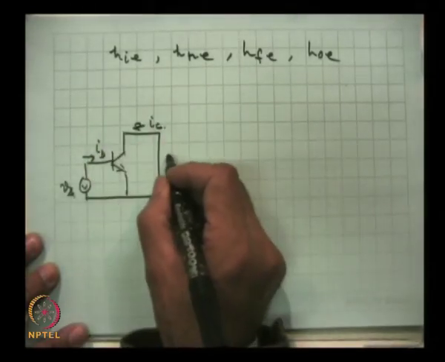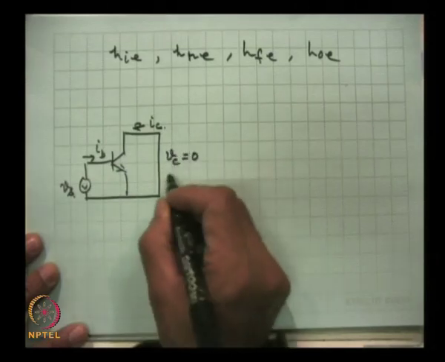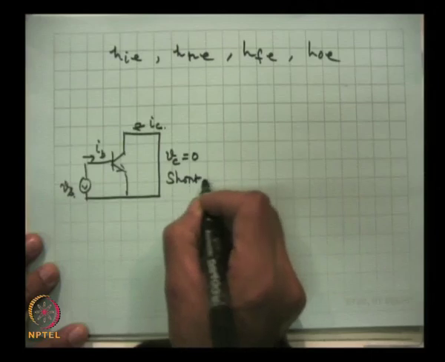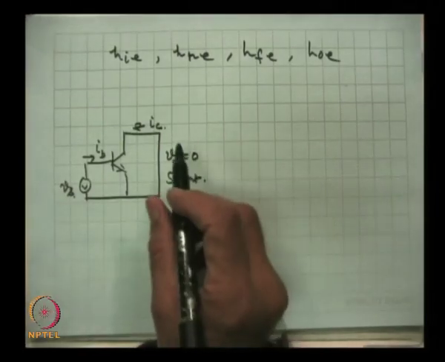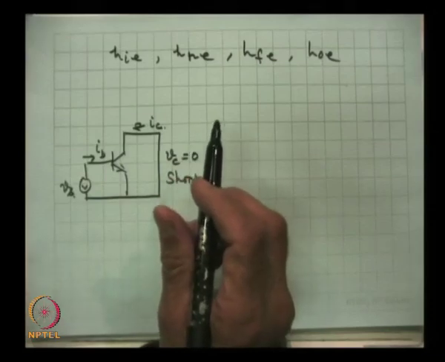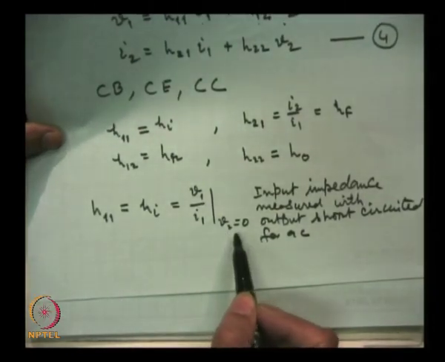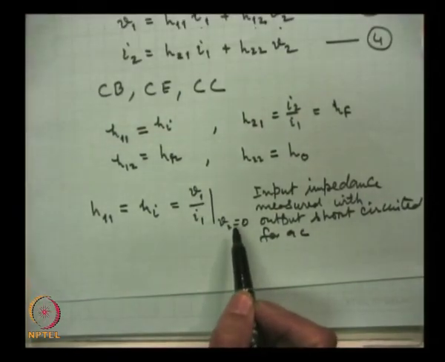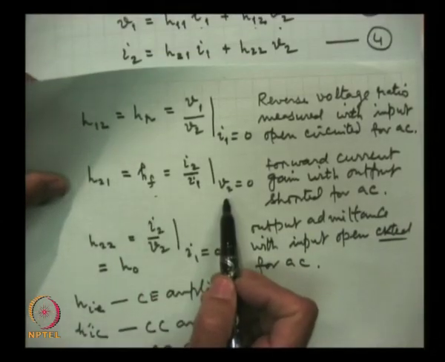So, this is V_C equal to 0, this is the short, because for defining, for example, these two parameters, the input impedance, V_2 has to be 0. Similarly, for the forward current gain V_2 has to be 0.